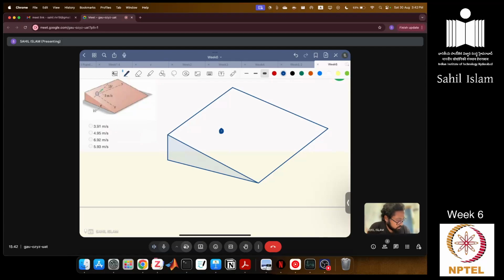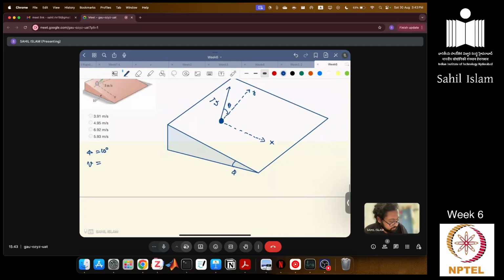So this is an angle, let's say this is phi. So phi is 10 degrees, and this is our y direction, and along this we have x direction. Now with y direction it has a velocity v, with a theta angle. So v is 3 meter per second and theta is 15 degree.